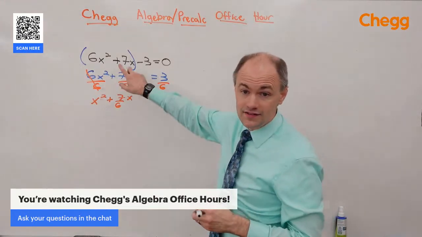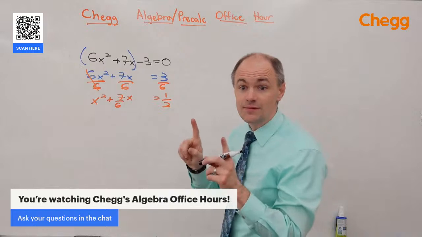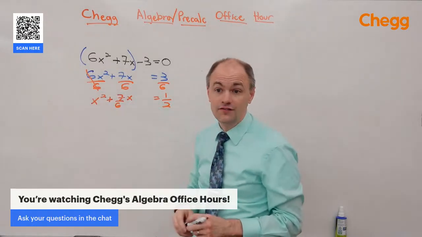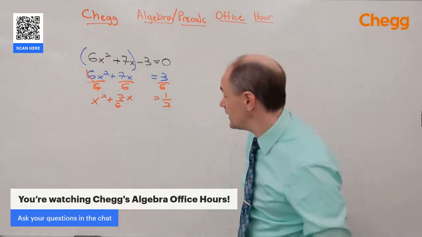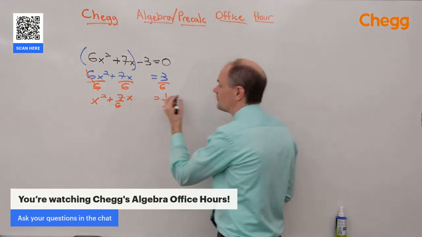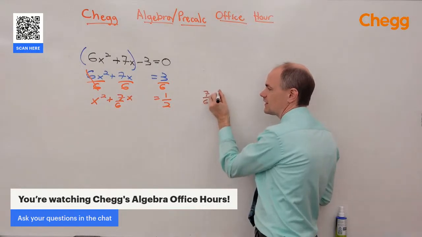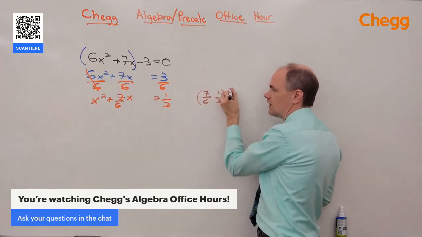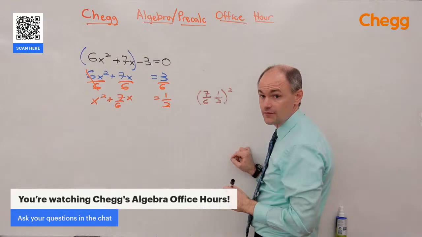So step 1, separate x from the numbers. Step 2, remove the number in front of x squared. Step 3, we're going to take half of this middle number, so 7/6 times 1/2, and we're going to square that answer.